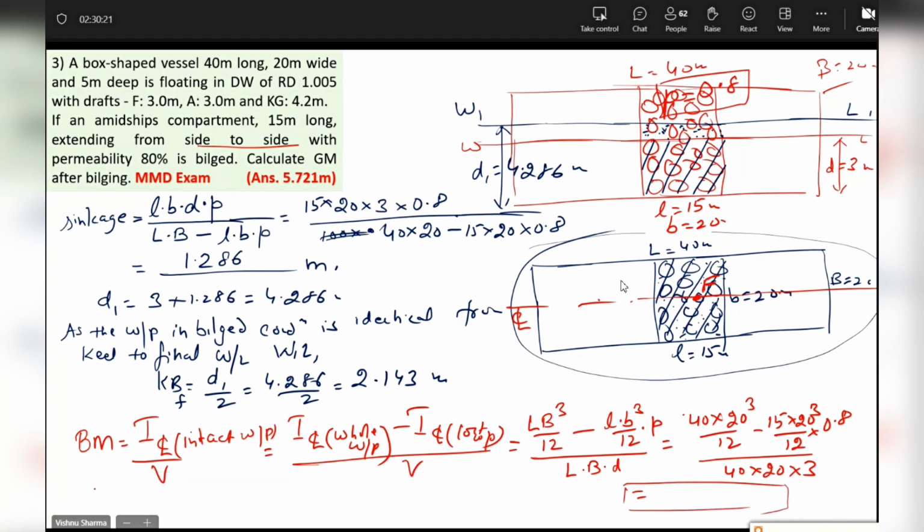And then we get the GM equal to KB 2.143, plus BM, minus KG given in the question 4.2. This should give us an answer of 5.721 meters.